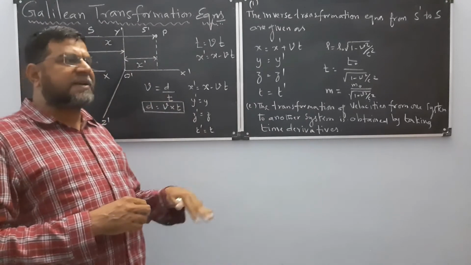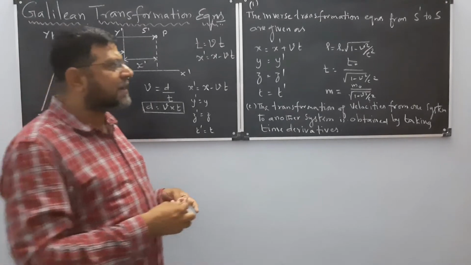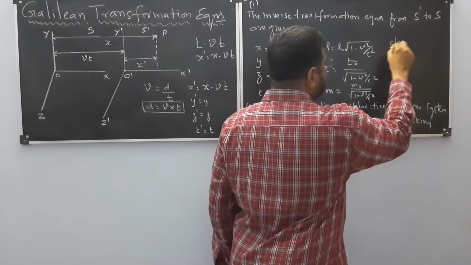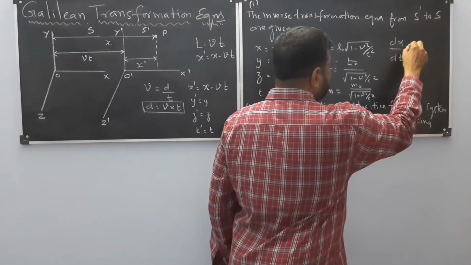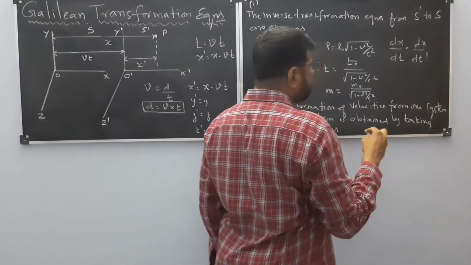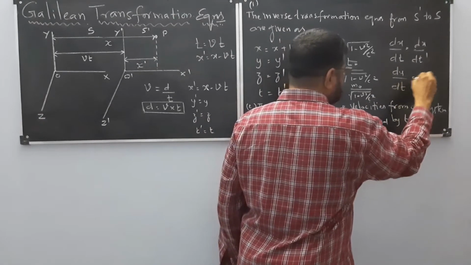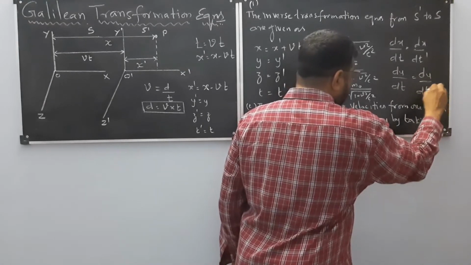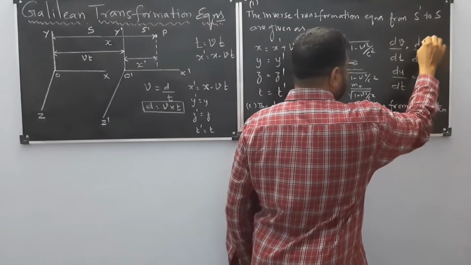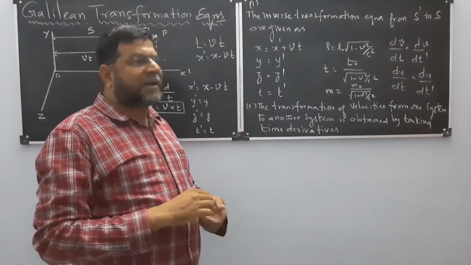So there is a difference in the derivatives, and that difference can be written as: if there is change in the x-plane, then you can write dx by dt. In the system S dash, this can be expressed as dx dash by dt dash. If there is change in initial velocity, you can write du by dt is equal to du dash by dt dash. If there is change in final velocity, we can write this as dv by dt is equal to dv dash by dt dash. So these are all the time derivatives.